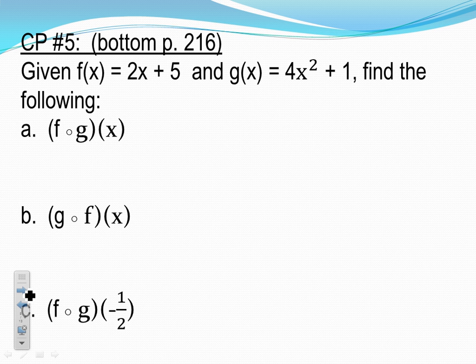Okay, so instead of having 4x squared plus 1 as g of x, our f, well, I'll write it like this first. Now you can see why this is going to go in there. Maybe a little bit better. Okay, which means then for every x in our f of x function, we're going to be putting 4x squared plus 1 in.